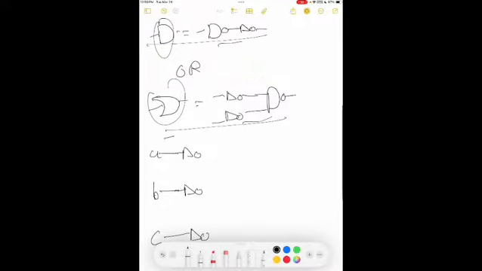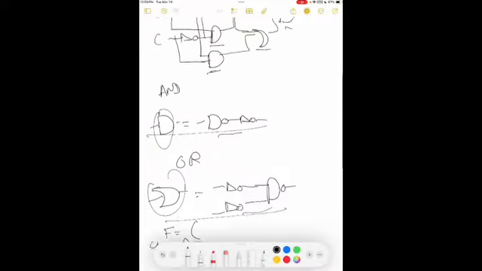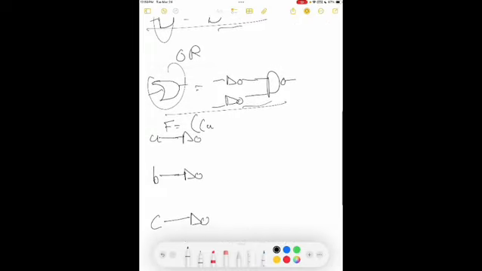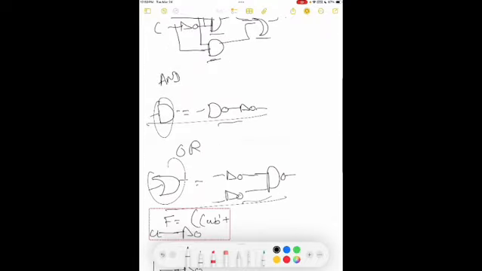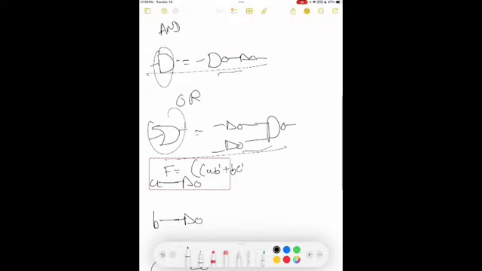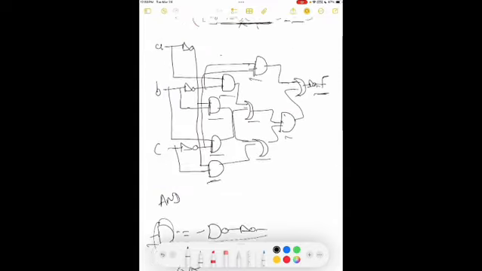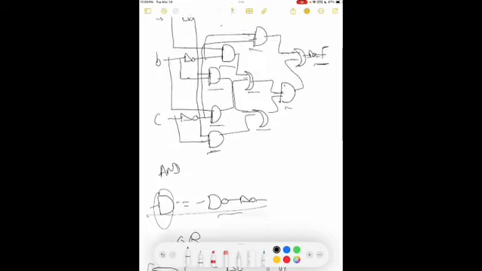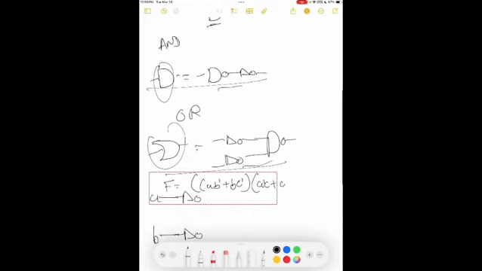So I'm writing the equation once again: A B prime plus B C prime, A prime C, A prime B, plus B prime C prime, whole prime.